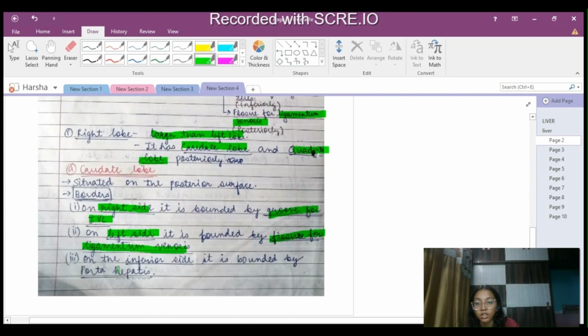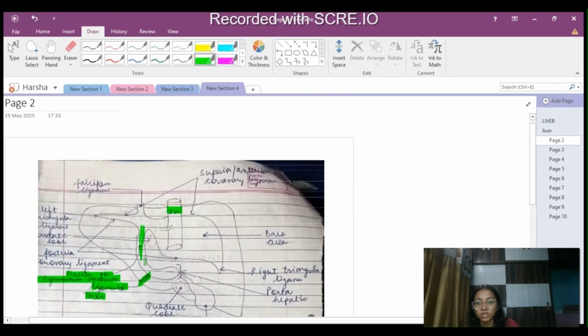Then on the inferior side, it is bounded by the porta hepatis. There is a structure present over here, which is termed the porta hepatis.